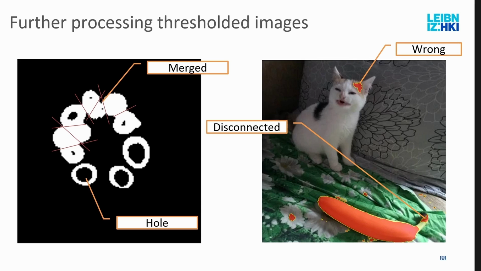For the cat image, we have sometimes wrong segmentations and disconnected parts. This can be partially, not always, resolved by special operations that work either on the binary image or on a further step using regions of interest.